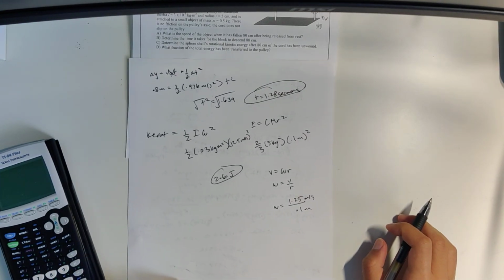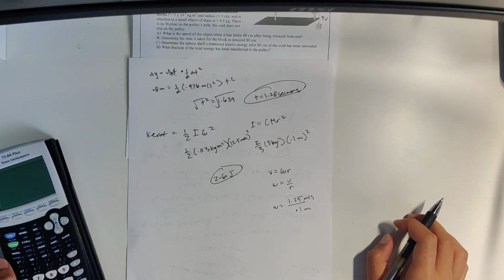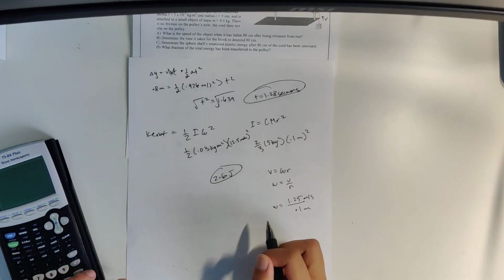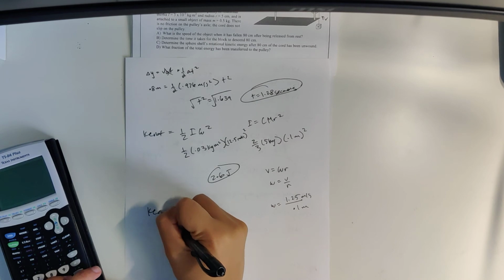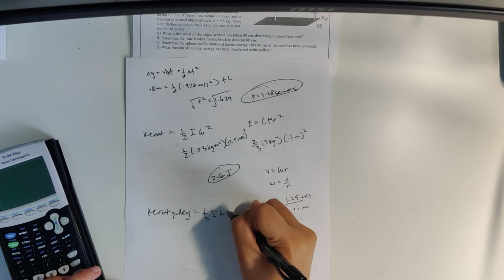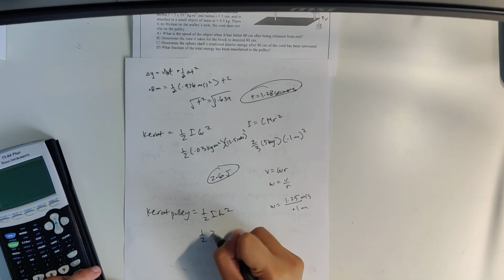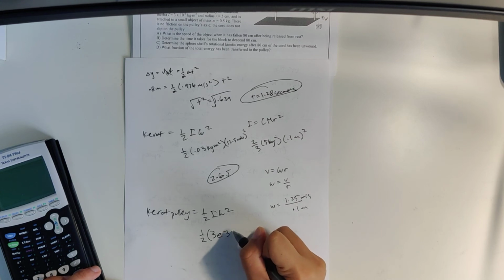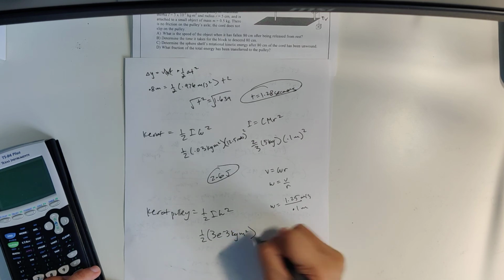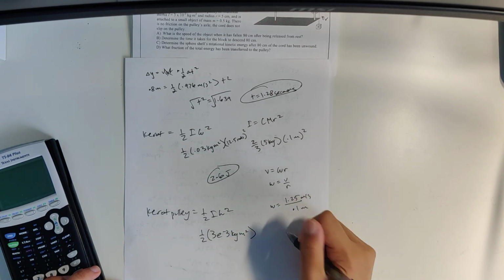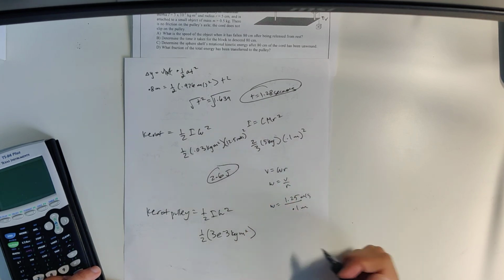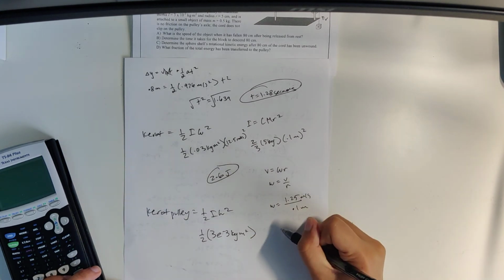And then your last part, what fraction of total energy has been converted to the pulley? So let's just do your KE rot of the pulley first. KE rot of the pulley, 1/2 I omega squared, 1/2 your I, it already gave it to you, right? And your omega squared this time, same thing, omega is equal to v over r, velocity over your radius.